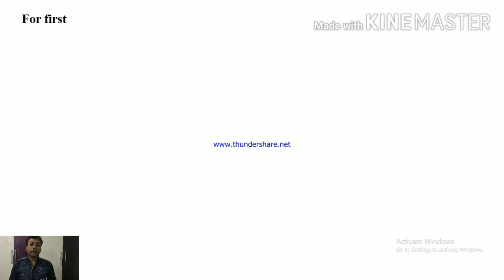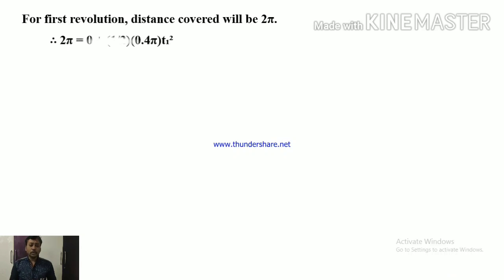Now we have to derive the time for the first revolution. When the ant completes one revolution, the angular displacement is 2 pi. So theta is equal to, again the same formula is used, theta is equal to omega 0 t plus half alpha t square. Here, instead of t, for the time of the first revolution, t1 is used.